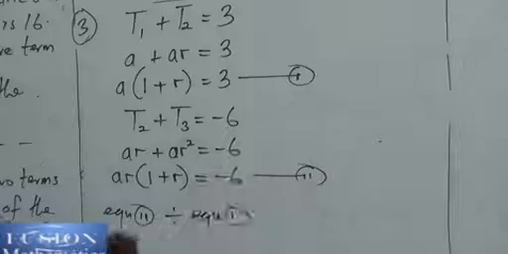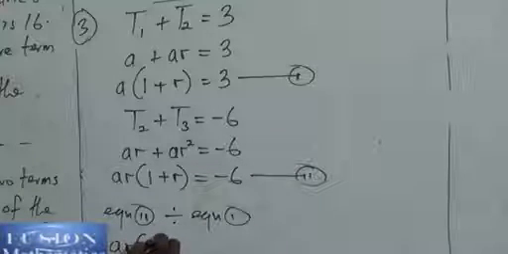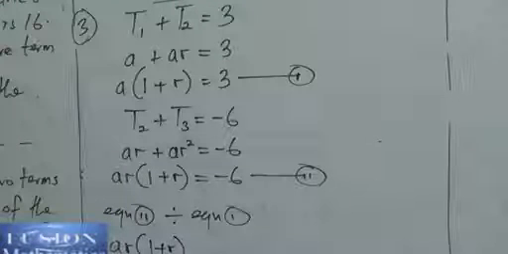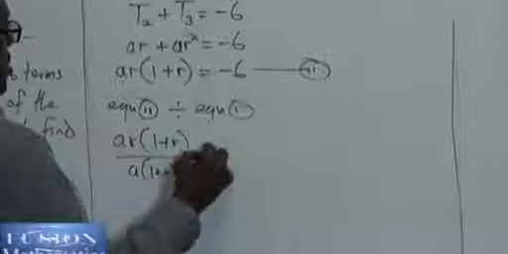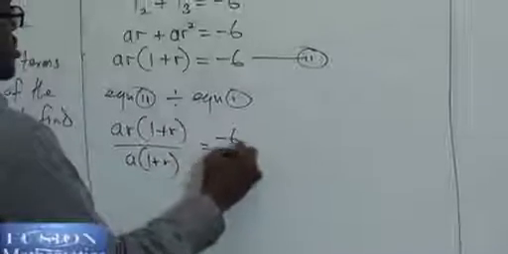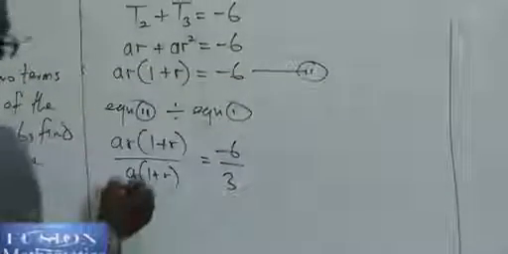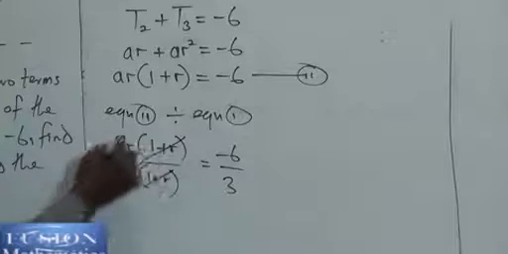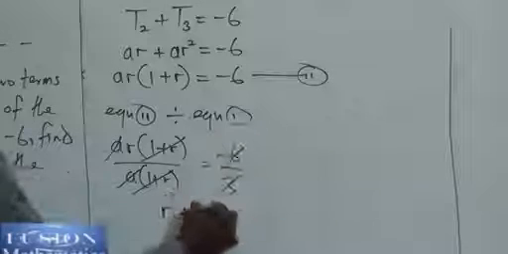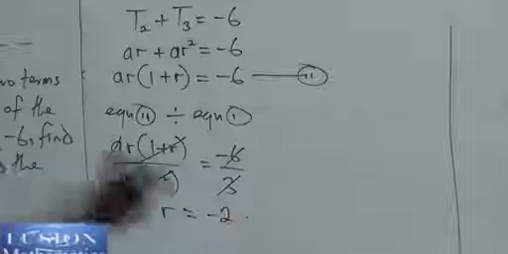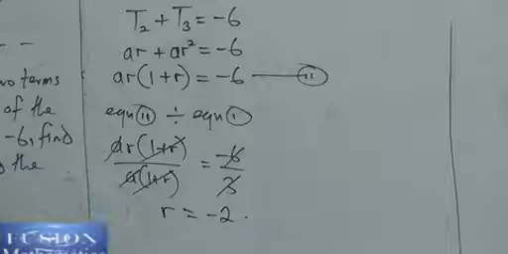So that will be AR bracket 1 plus R all over A bracket 1 plus R, equals minus 6 all over 3. So A will cancel out, and the bracket 1 plus R will cancel out. What is left is R equals, this will go here, minus 2. So our common ratio is minus 2.